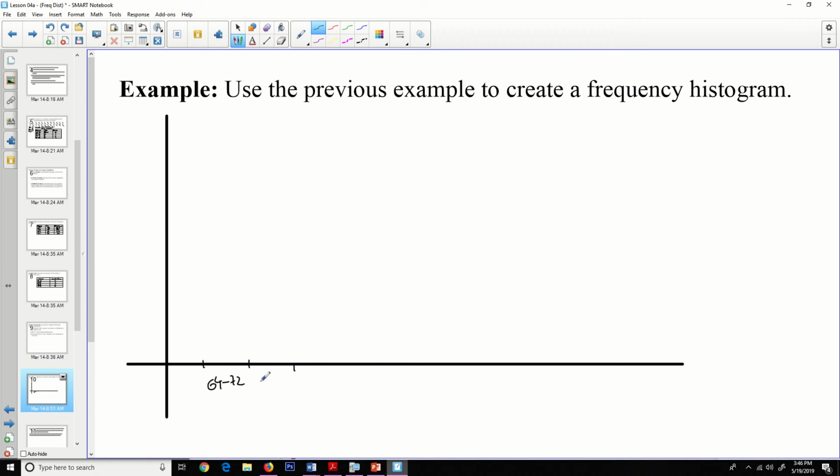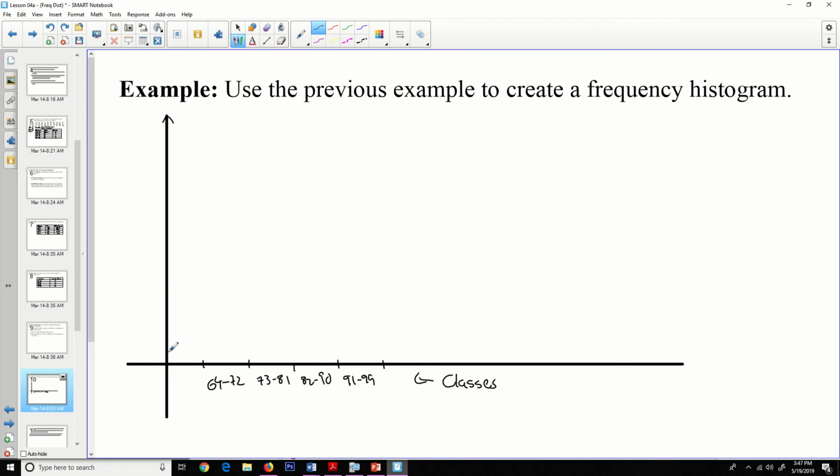And then this one will be 73 to 81. And then this one here will be 82 to 90. And then this last one right here will be 91 to 99. And these are our classes. And we're just labeling our axis here.